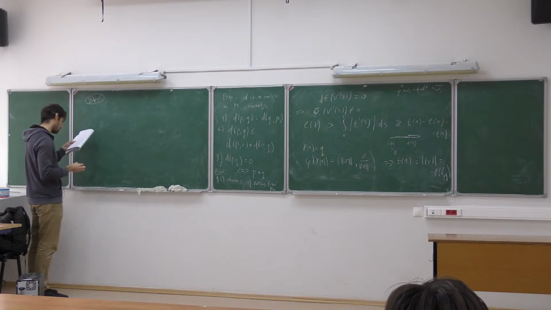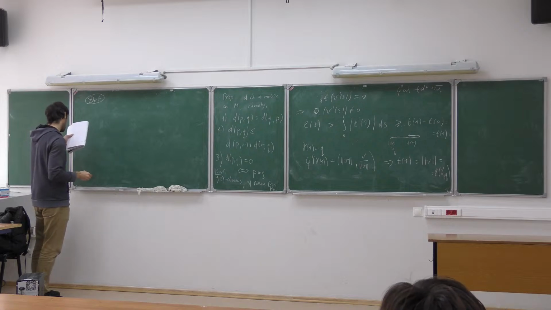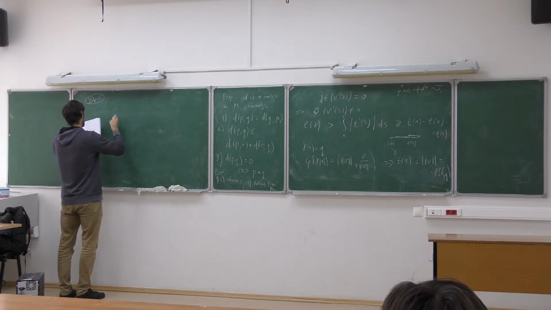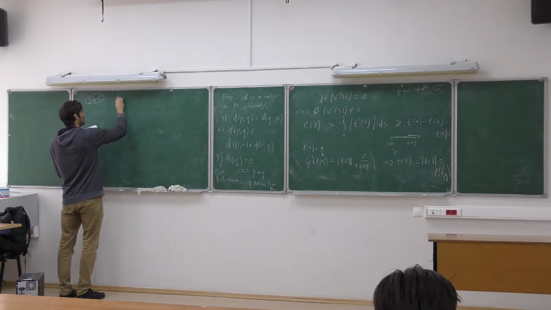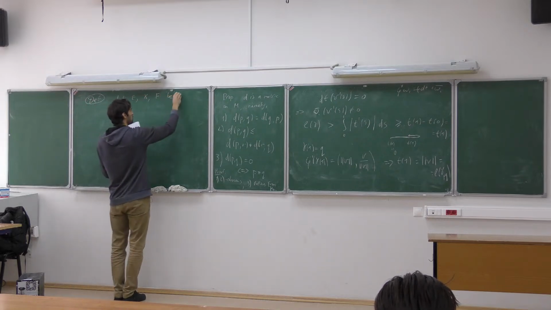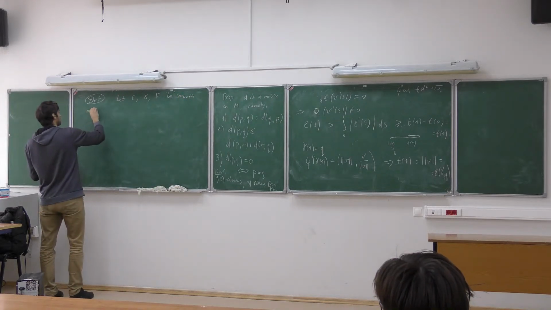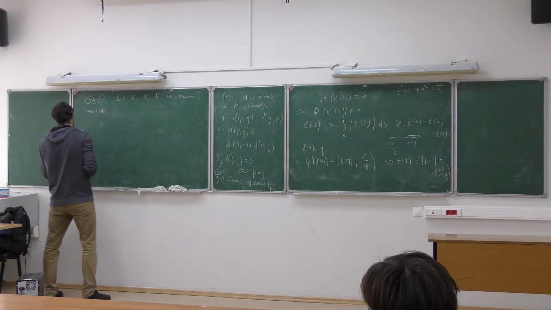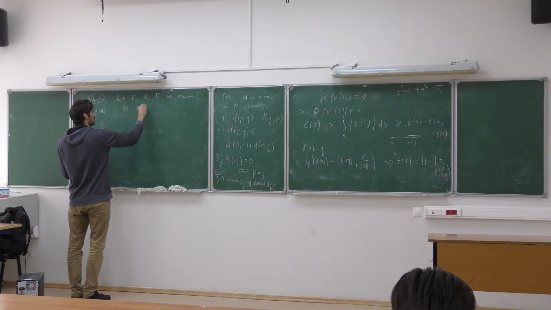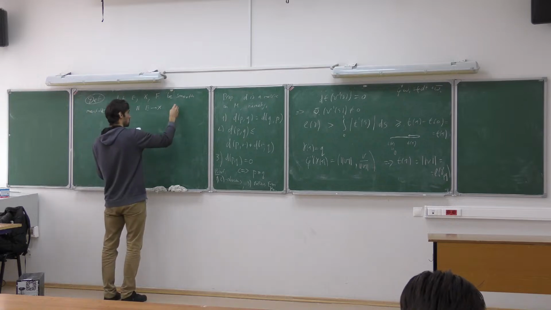Okay, so let me now define what is a fiber bundle. Let E, X, and F be smooth manifolds, and let pi from E to X be a smooth surjective map.